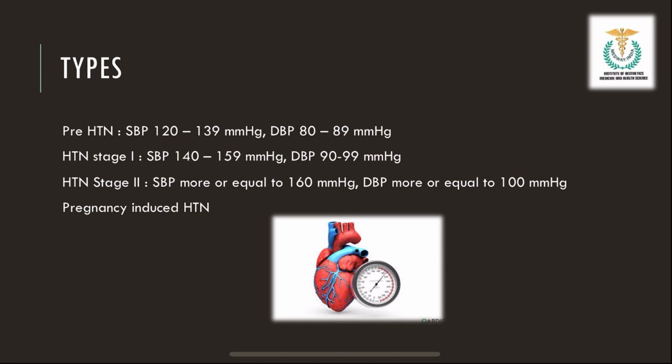In hypertension stage 2, the systolic blood pressure will be more than or equal to 160 mmHg, and diastolic blood pressure will be more than or equal to 100 mmHg. And the last one is pregnancy induced hypertension. So these are the different types of hypertension in the HTN topic.